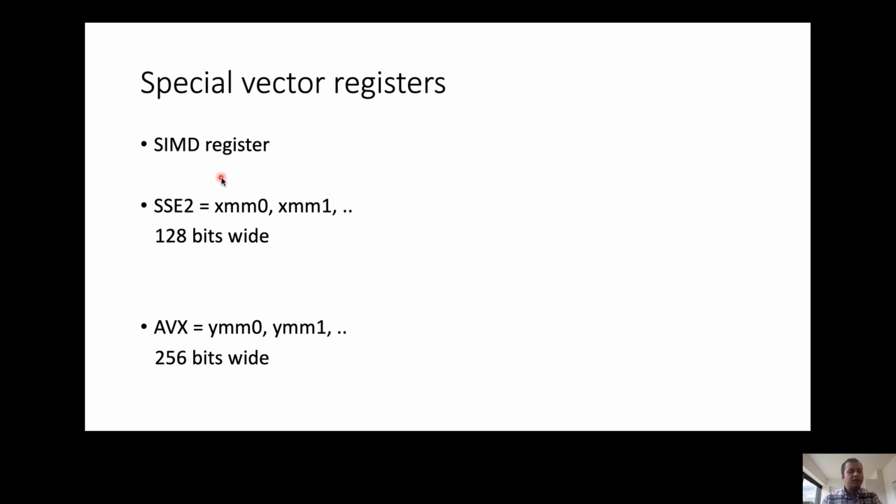All right, so let's look at the names of the registers. In SSE2, the width of the register was 128 bits, and the registers were named XMM0, XMM1. In AVX, the width gets doubled, so now each register is 256 bits wide, and the names are YMM0, YMM1, and so on.